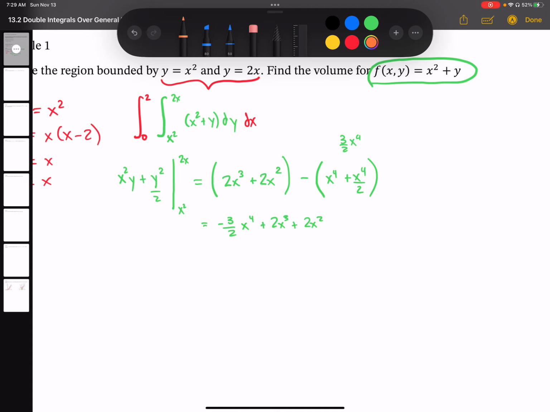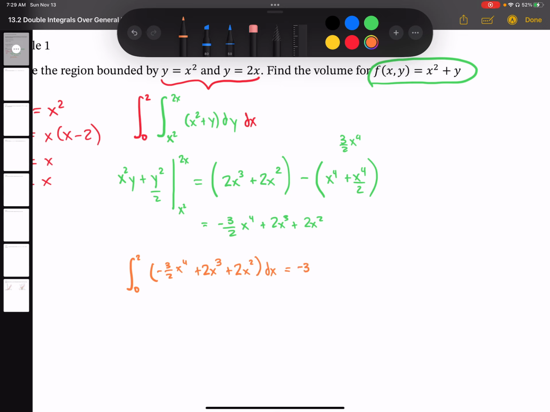Our outer integral is going to be from 0 to 2, and we're just integrating this function: negative 3 halves x to the fourth plus 2x cubed plus 2x squared dx.